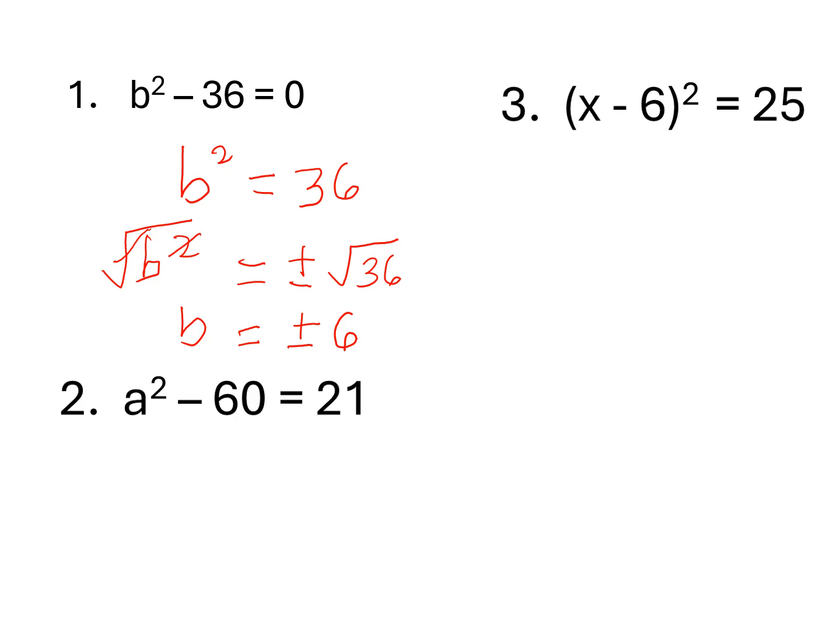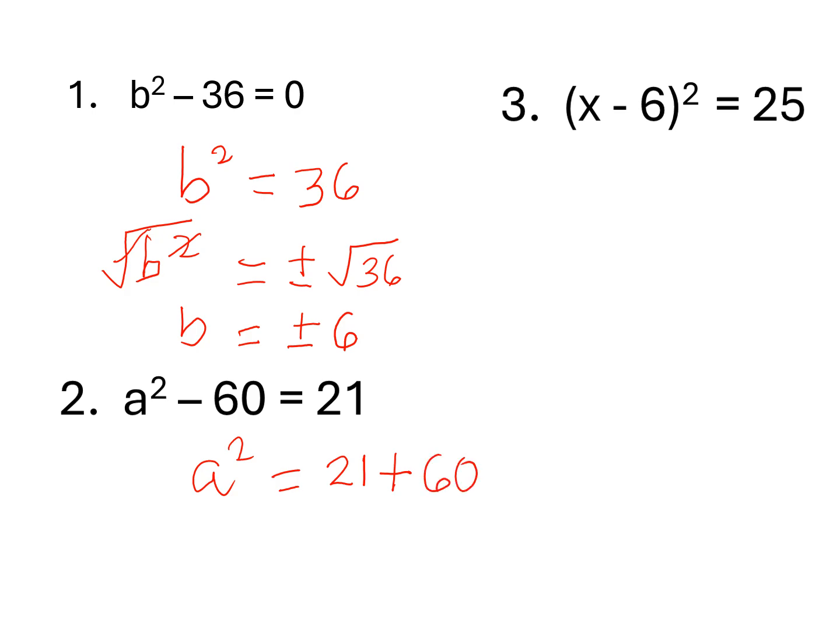Next, number 2, a squared minus 60 equals 21. Again, we are going to put negative 60 on the right side of the equation. So a squared equals 21 plus 60.